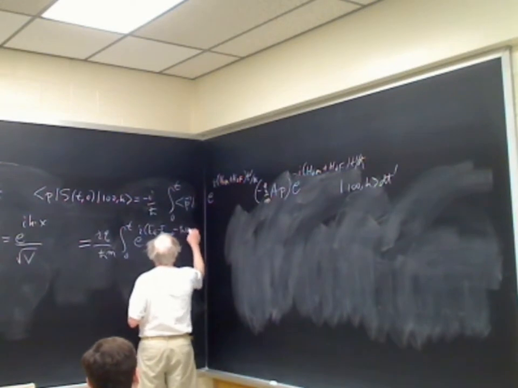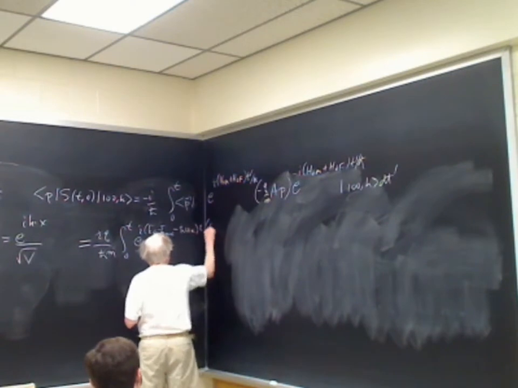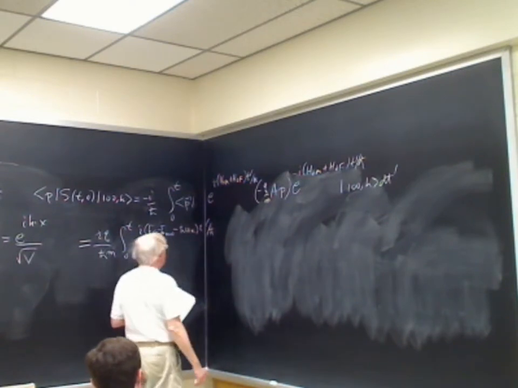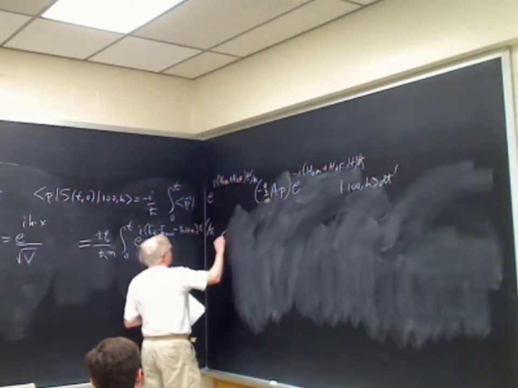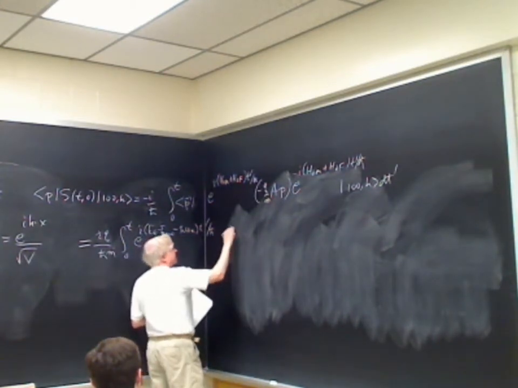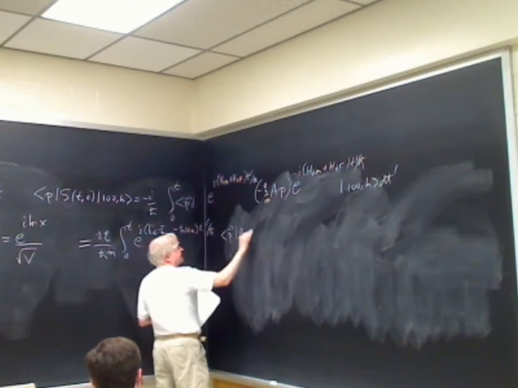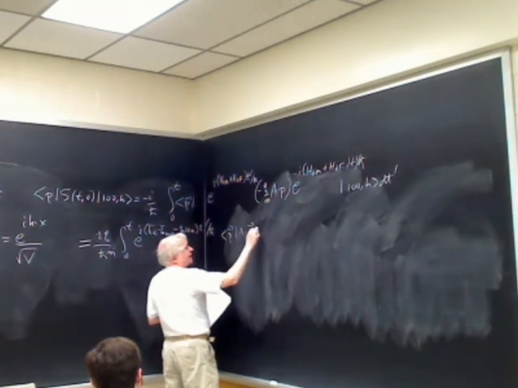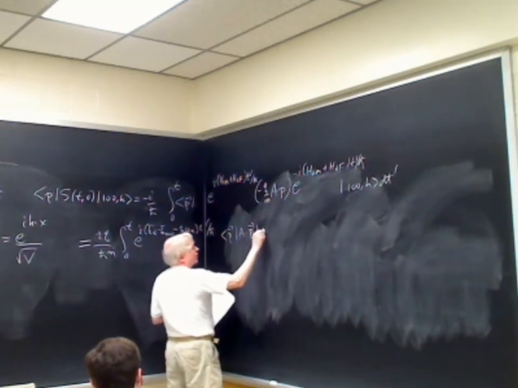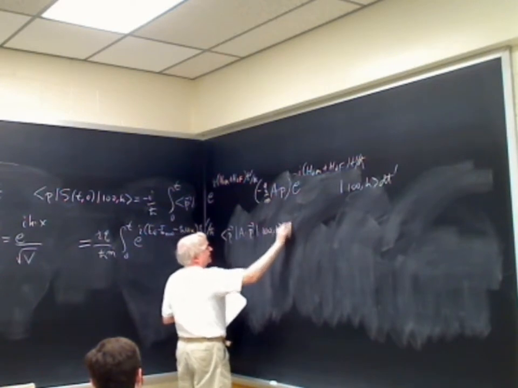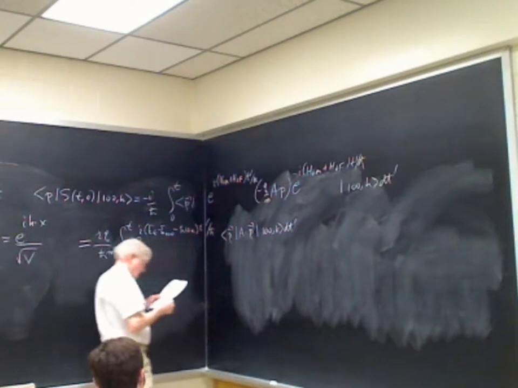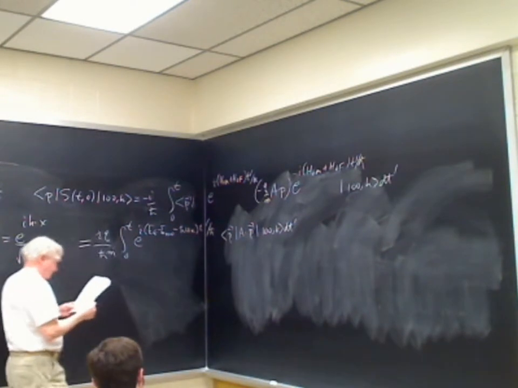So I've gotten all the time factors in, and now we have p, A dot P, 1, 0, 0, k, dt'.